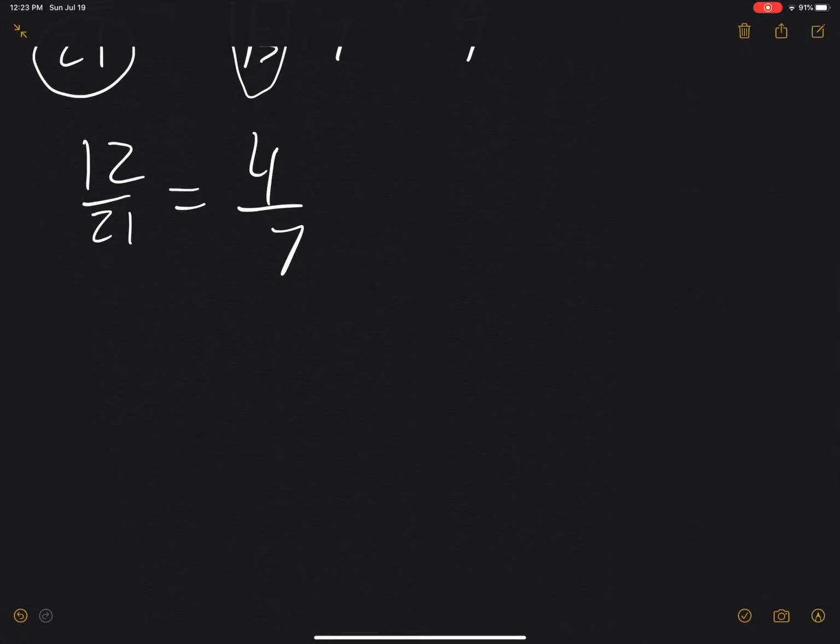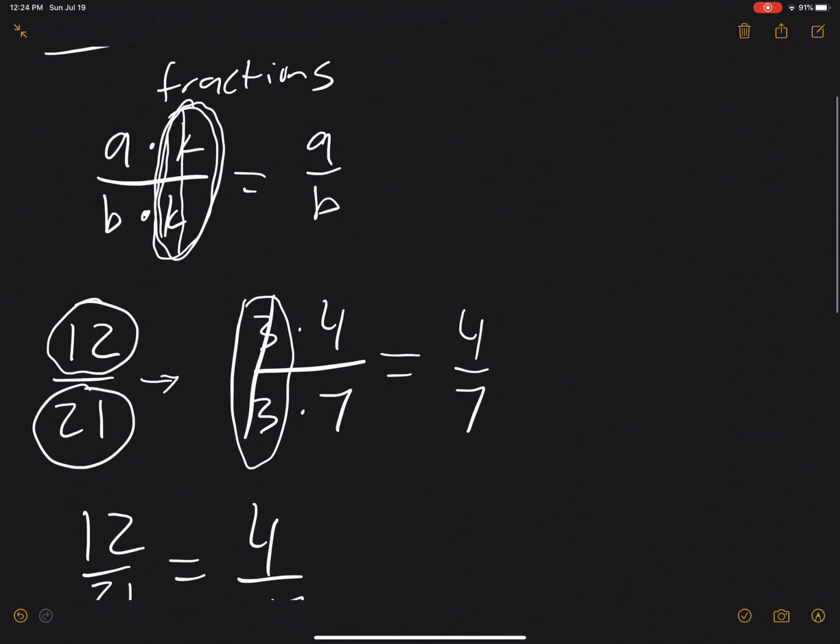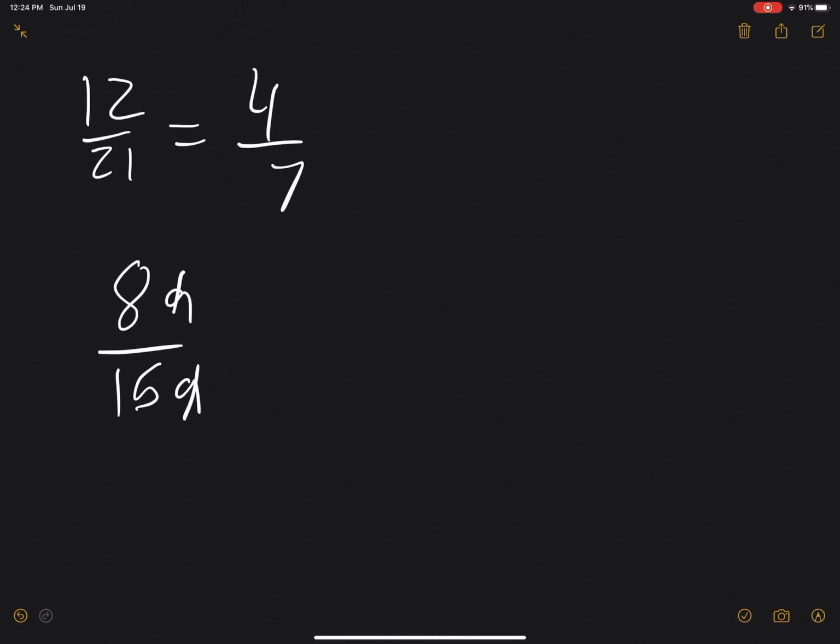If we had, say, variables in our numbers, let's say we have 8a over 15a. Well, here I immediately see that there's an a on the top and an a on the bottom. So what I can do is cross the a's off right away. The a's in this case are my k's from up here. But I can go further in this case. I have 8 over 15.